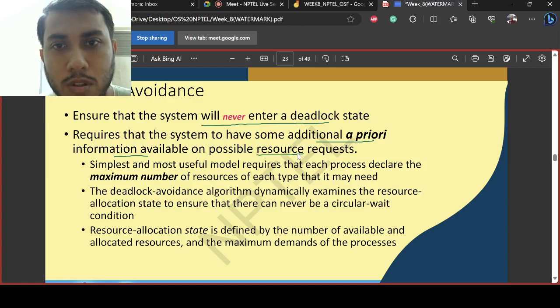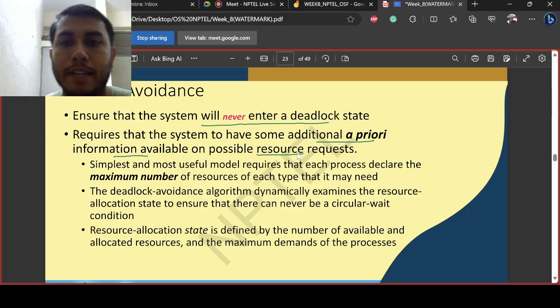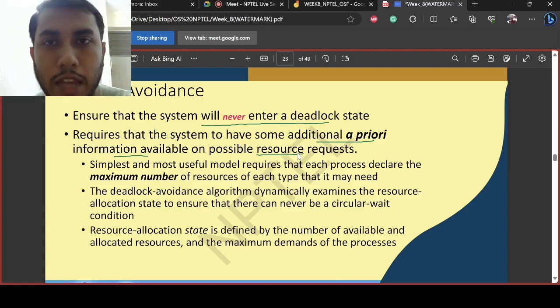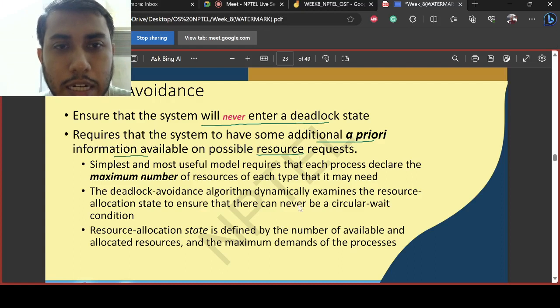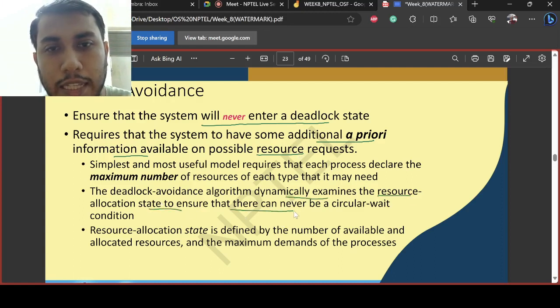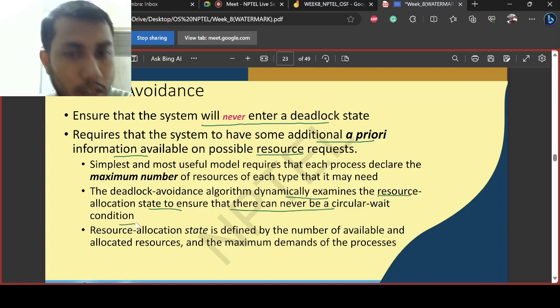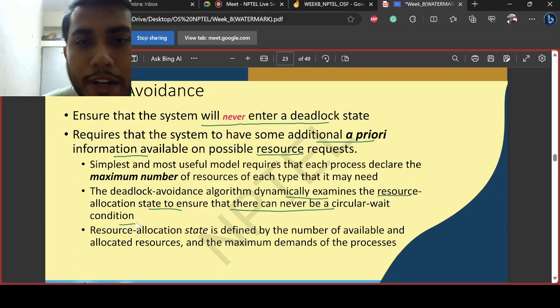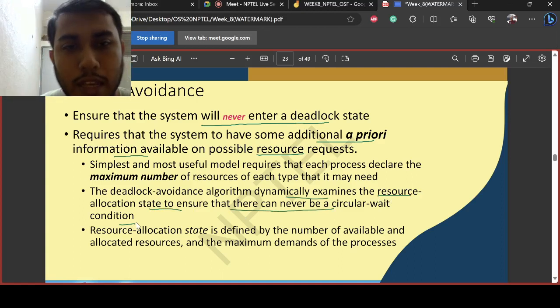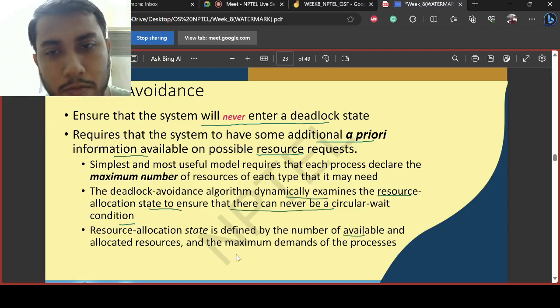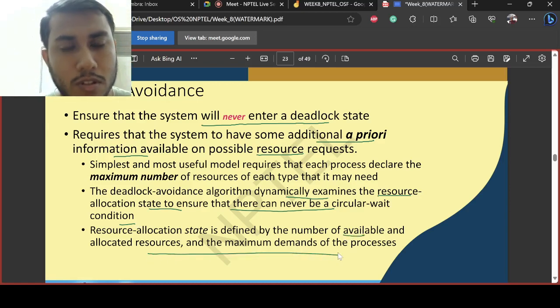A simple and most useful model requires each process to declare the maximum number of resources of each type that is needed. The deadlock avoidance algorithm dynamically examines the resource allocation state to ensure that there can never be a circular wait condition. Resource allocation state is defined by the number of available resources and the maximum demands of the processes.